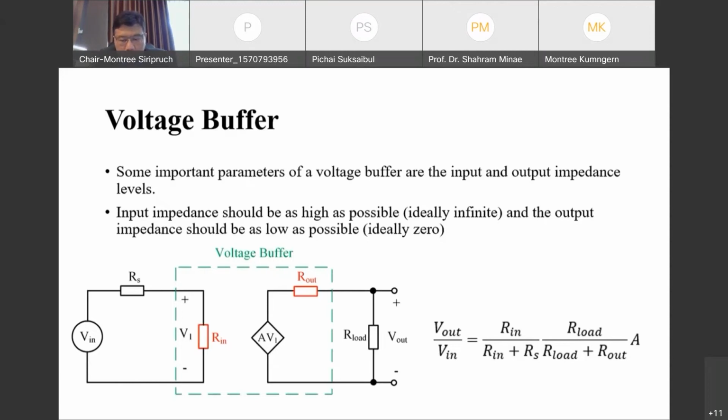If you analyze this very basic circuit, you will obtain Vout over Vin as Rin over Rin plus Rs times Rload over Rload plus Rout times A. If you put ideal values in this transfer function, which are Rin equal to infinity and Rout equal to 0, you will obtain the ideal transfer function, which is Vout over Vin equals A.